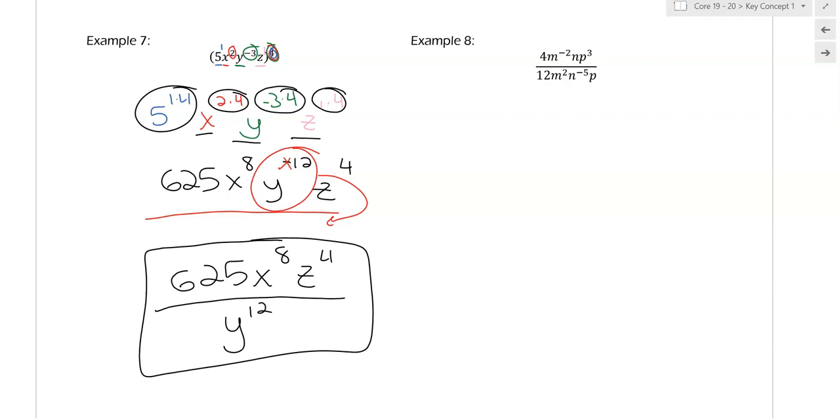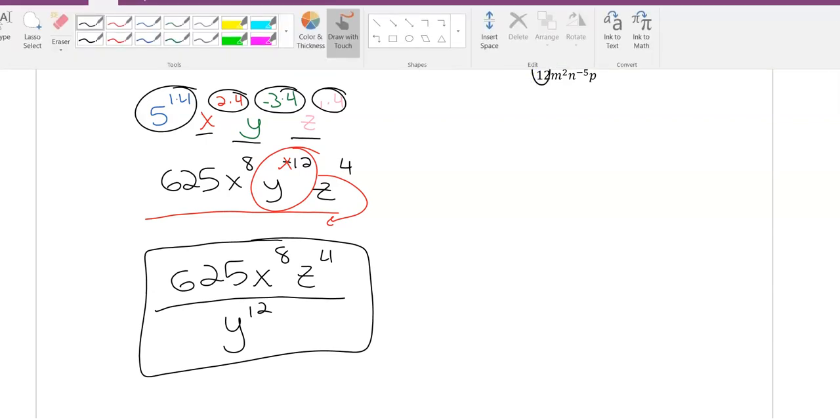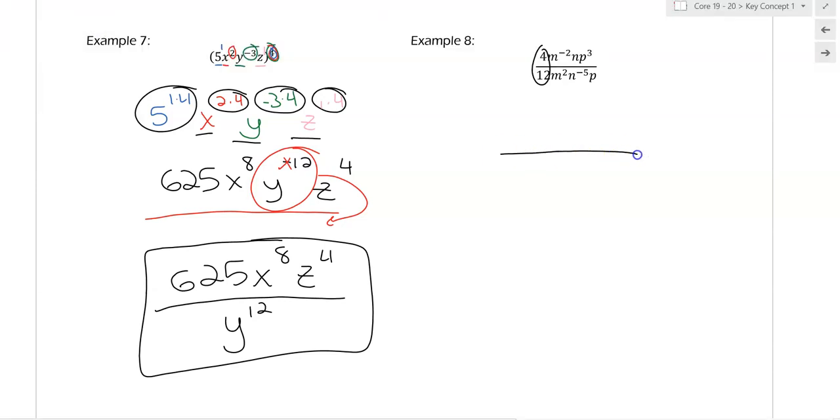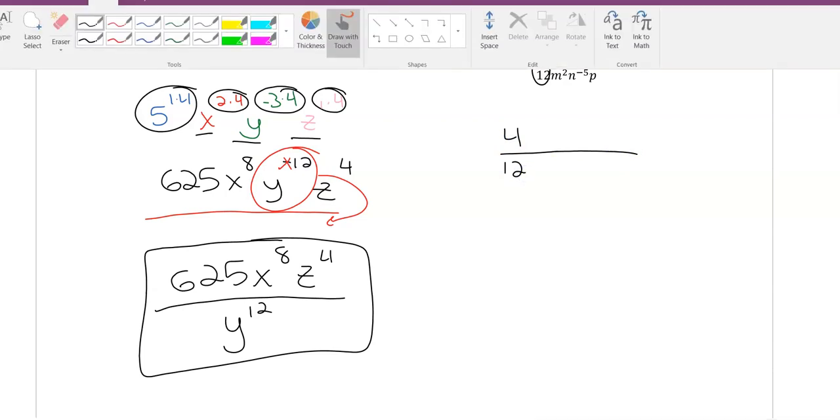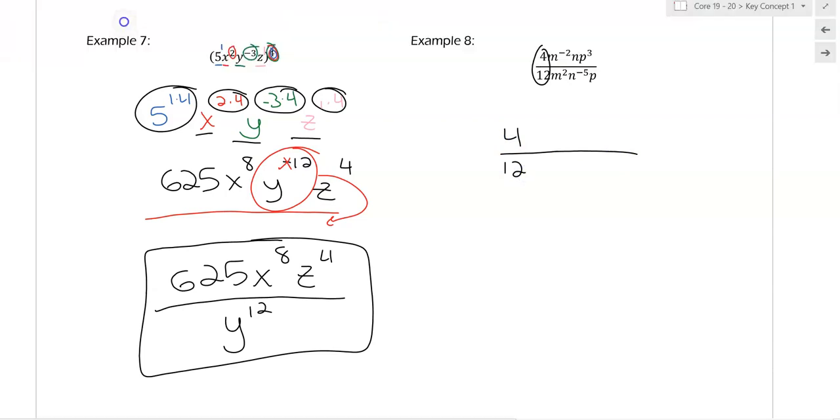Alright, last problem is a division problem. Again, we looked at division in 1A.3. So we want to do 4 over 12. Okay, so I'm just going to keep that as 4 over 12 for now. Then I have an exponent of m.